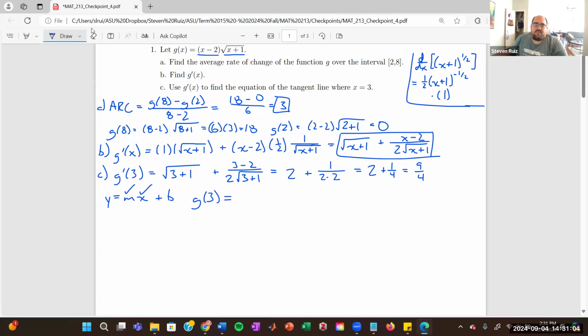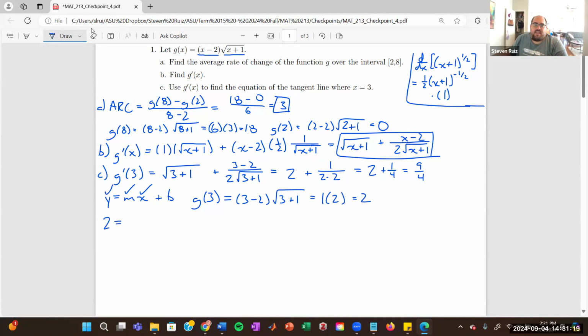So G of 3 is equal to 3 minus 2 times the square root of 3 plus 1. So that's equal to 1 times the square root of 4, which is 2. So now I have a Y value.